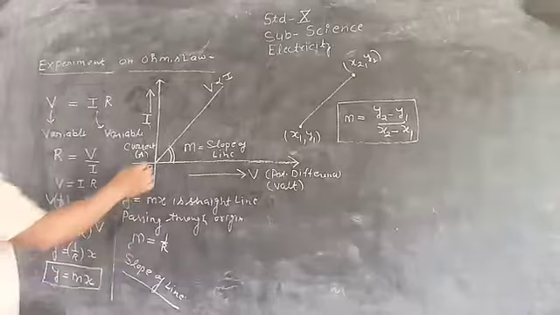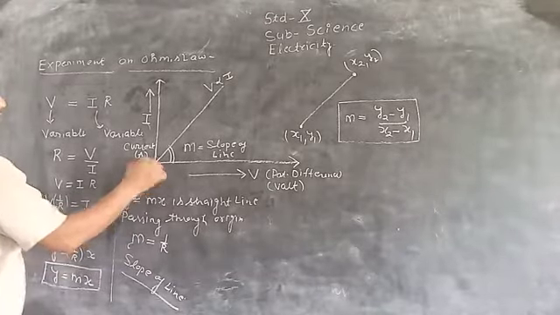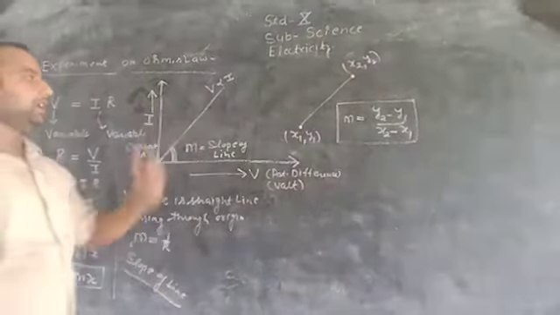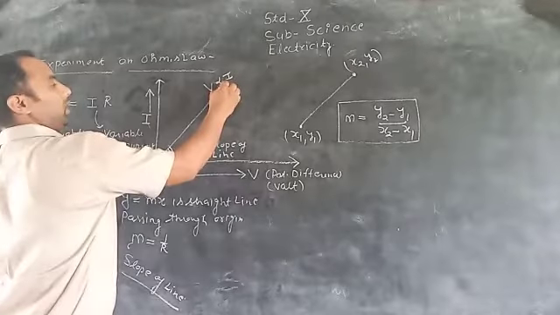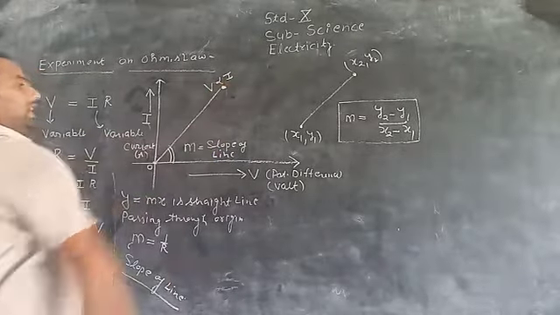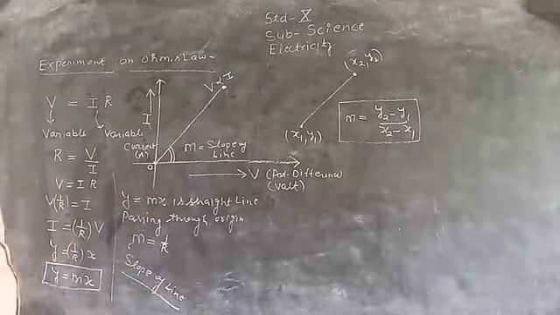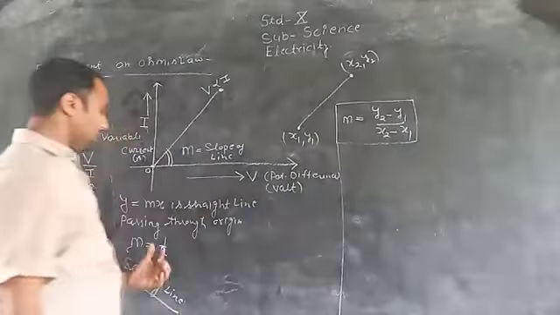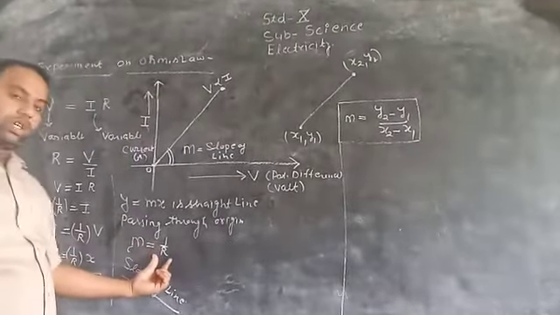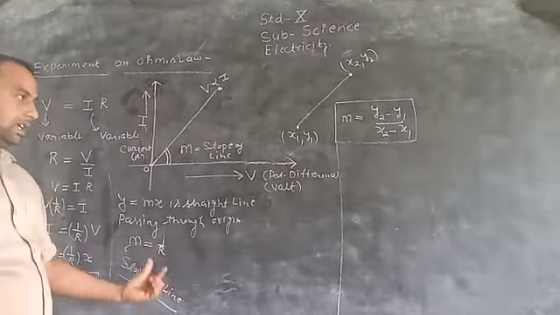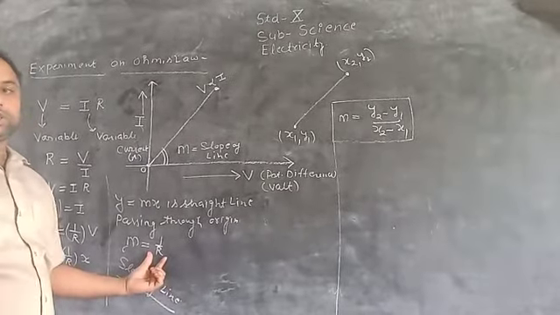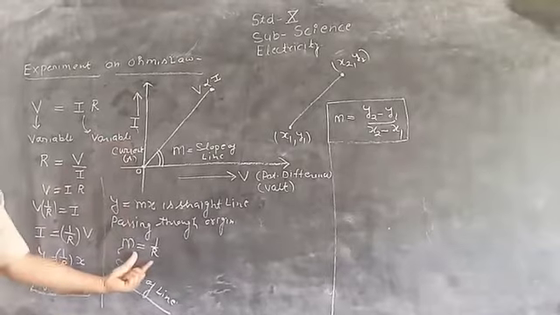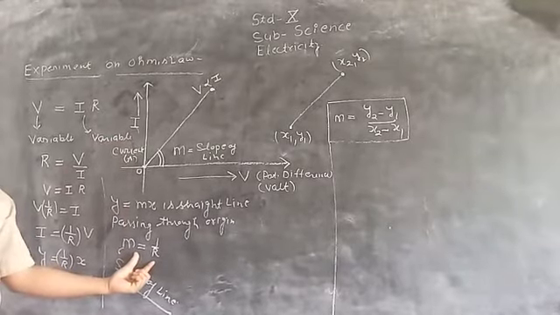Now we find the slope of this line, y2 minus y1 divided by x2 minus x1. Here we take two points on the line. First we take the origin and another point at the end. And we find the slope of the line. If we get the slope of the line, then this slope is equal to 1 by R. Hence we get the value of the resistance of the wire, and this is the complete experimental setup of Ohm's law.